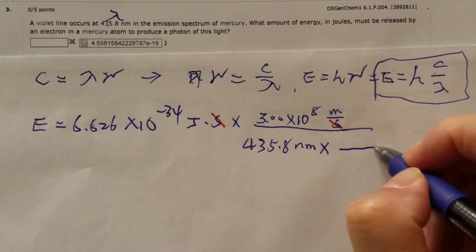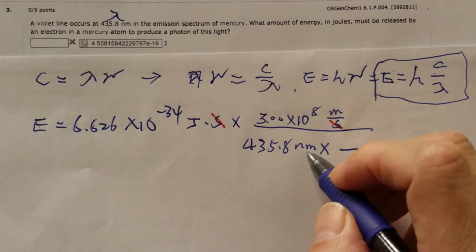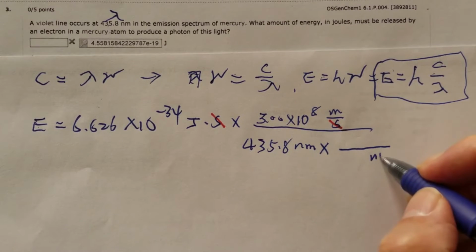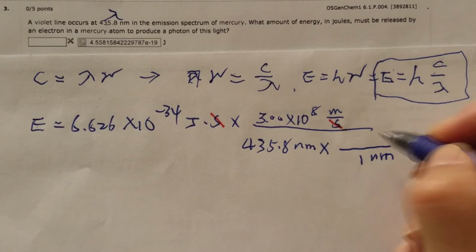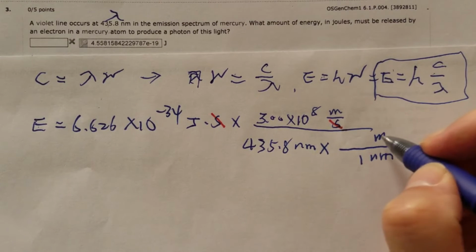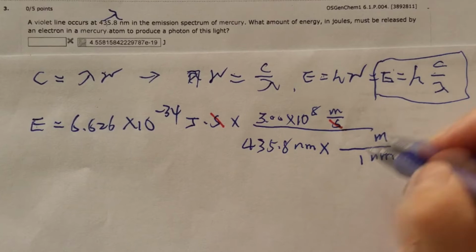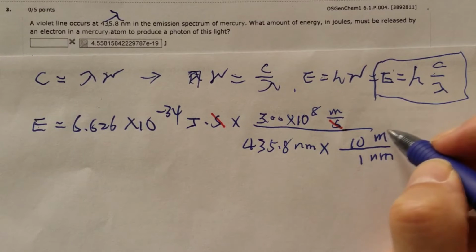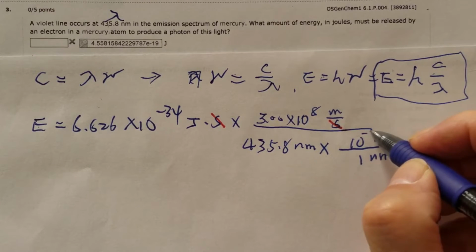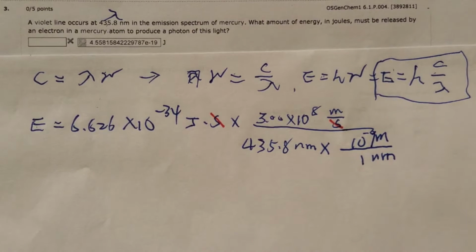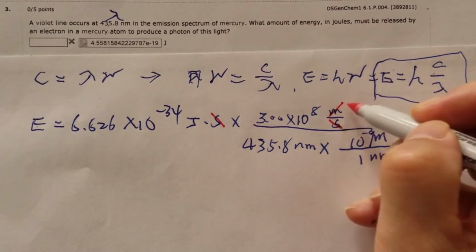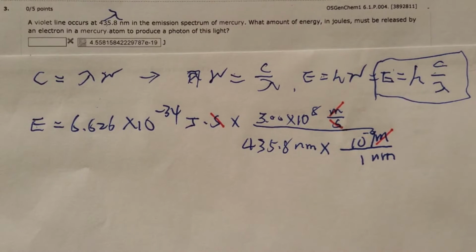We have to convert. Again, converting from nanometers, we'll put nanometers on the bottom, and converting to meters so that we can cancel those 2 meters right there. 10 to negative 9. Okay? So this way, meters can be cancelled.